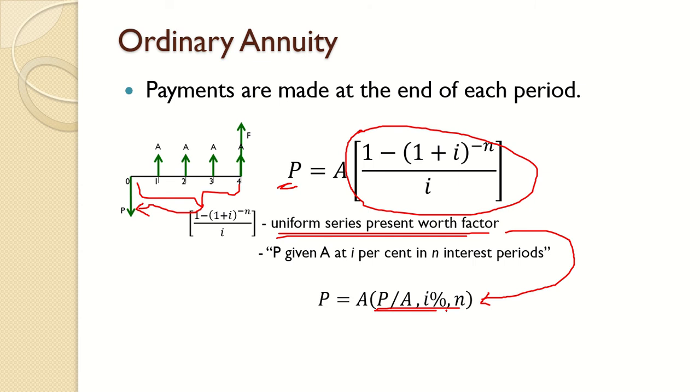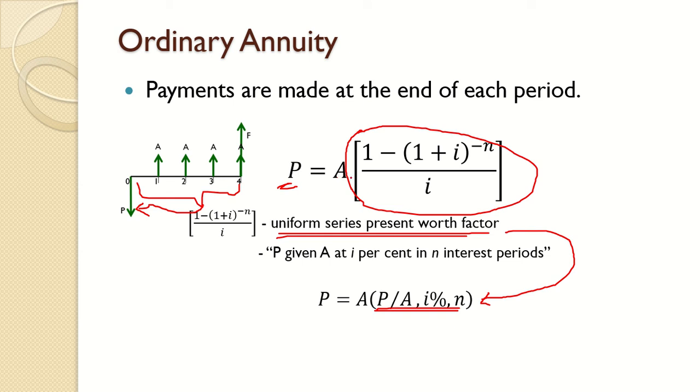We can read this as find P given A at I% rate of interest in n compounding periods or n interest periods. So this is how we calculate P using A.